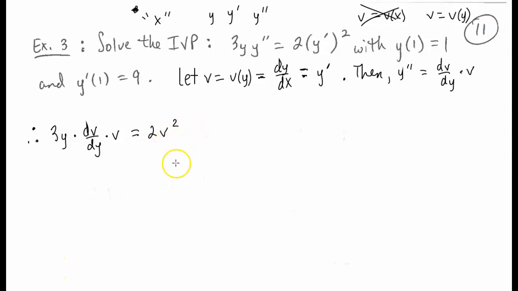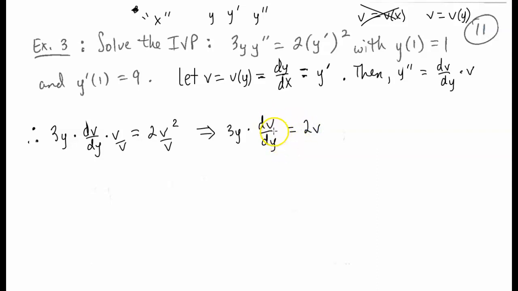Now we just need to try to rearrange this the best way that we can. This looks like it will be an equation that is separable. The first thing I see here is that I could divide both sides by v. I'll go ahead and do that, because that's low-hanging fruit. So this will be 3y times dv over dy is equal to 2v.